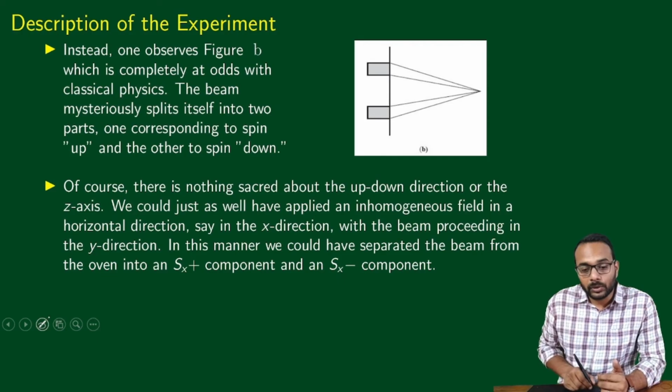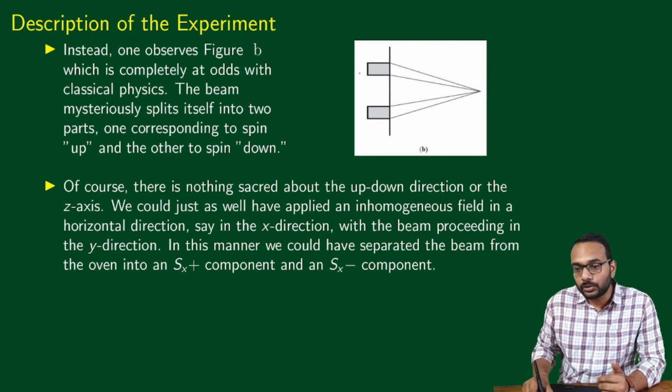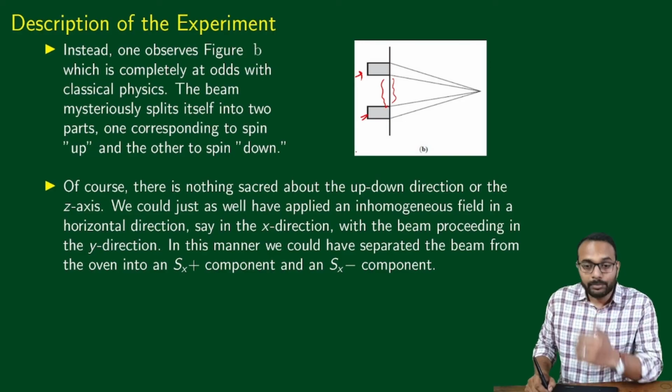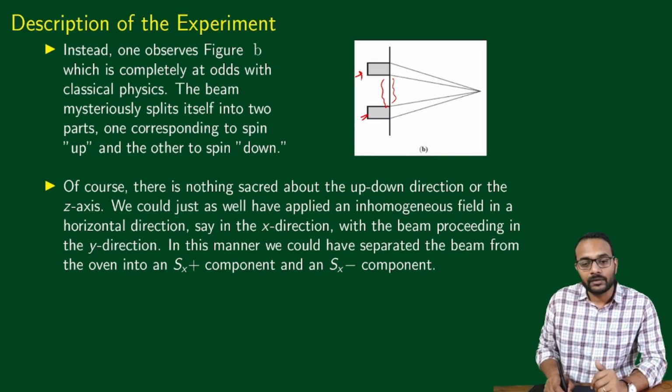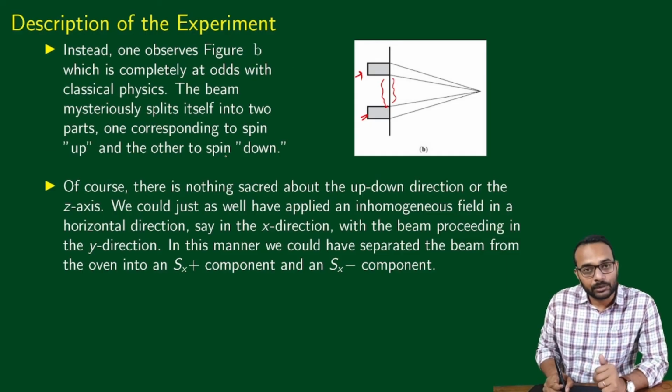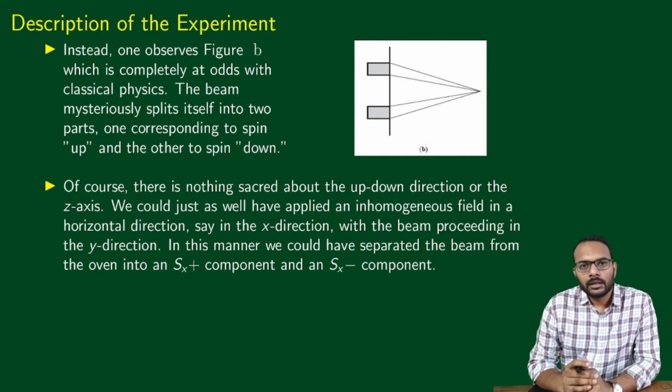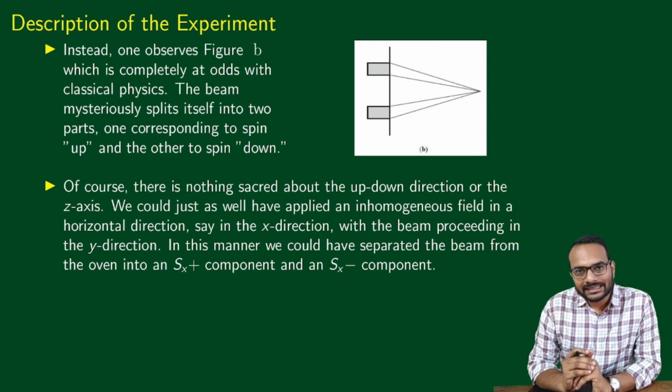There are only two extreme values allowed, and there are no atoms falling in between. The beam mysteriously splits itself into two parts, one corresponding to spin up and the other corresponding to spin down.